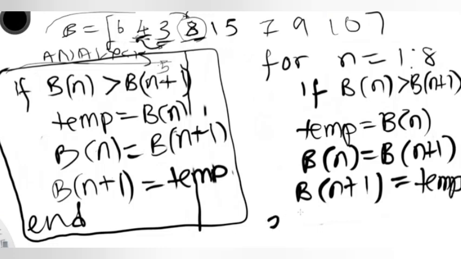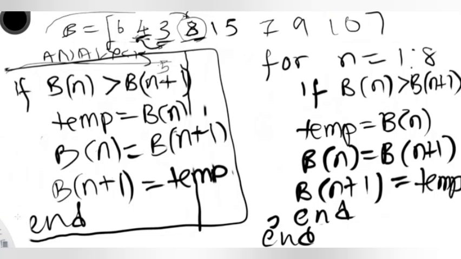Then you end the if statement and you end the for loop. You get the idea. So what will be happening is this for loop will start with n is equal to 1.